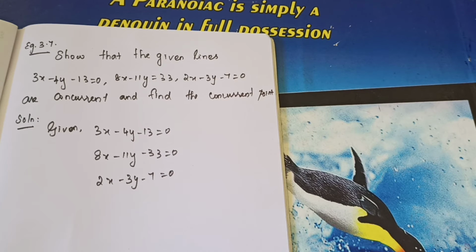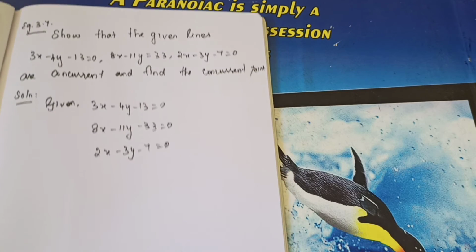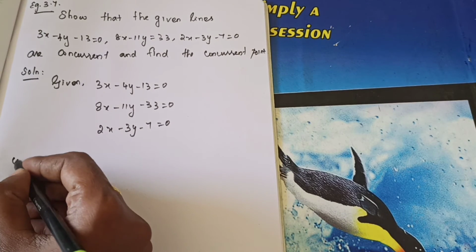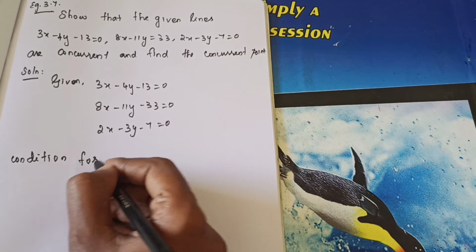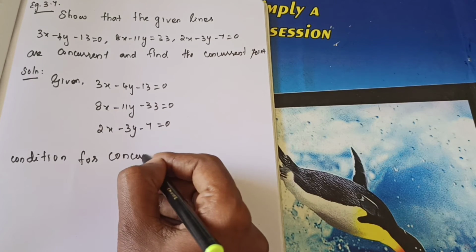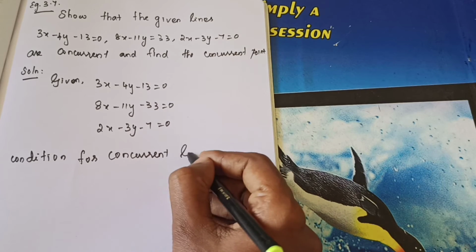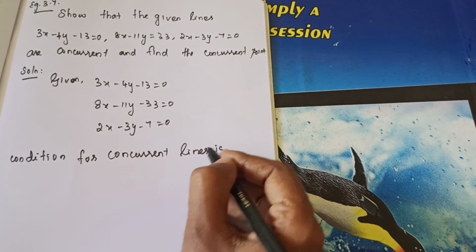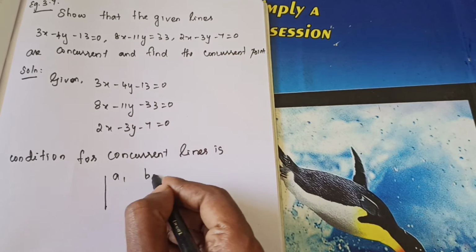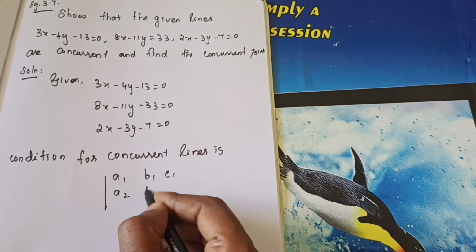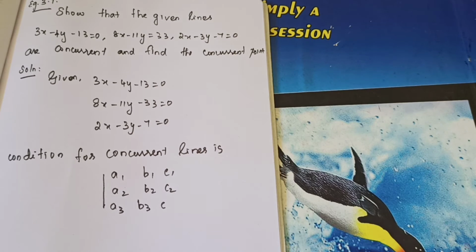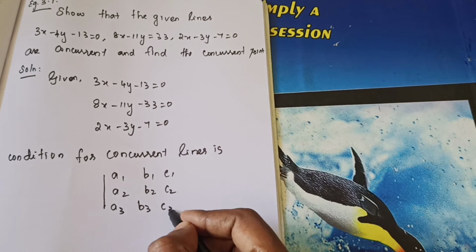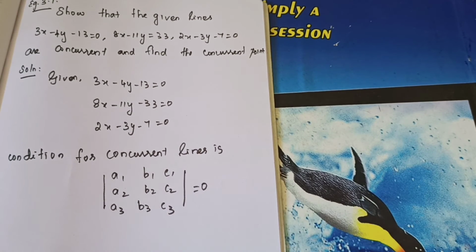Afterwards, we need to find the concurrent point also. Understand? So, condition for concurrent lines is, what's the formula? A1, B1, C1, A2, B2, C2, A3, B3, C3 equal to 0.